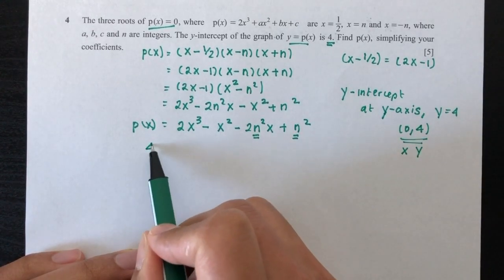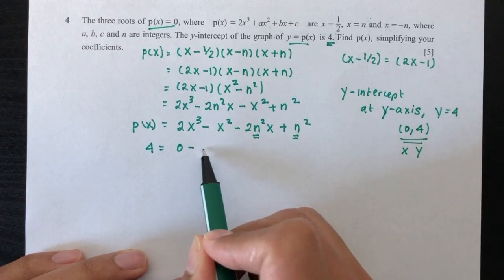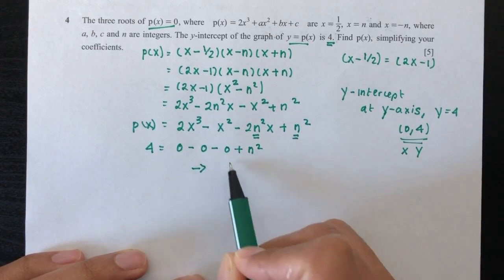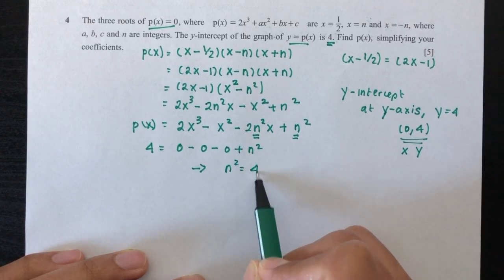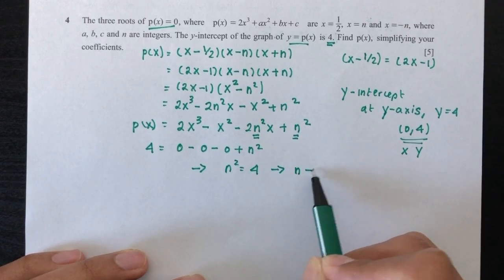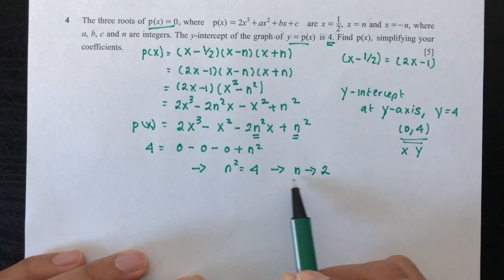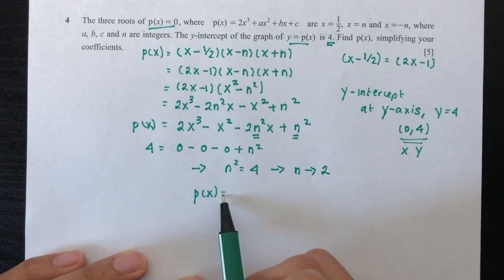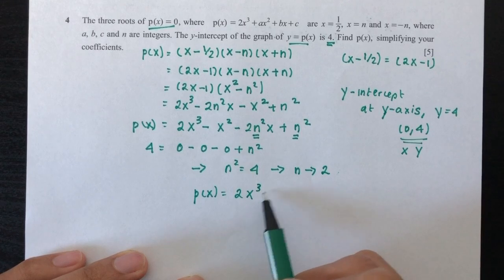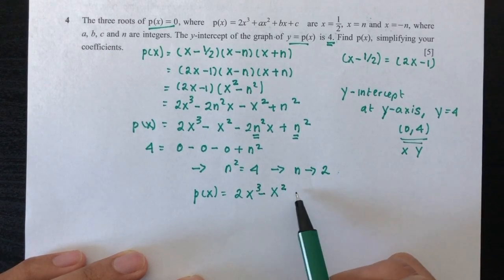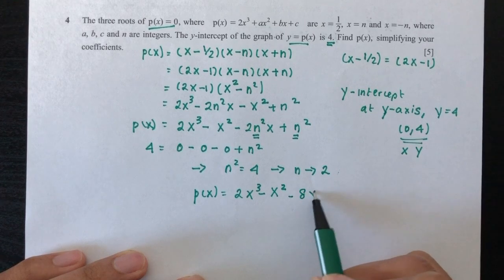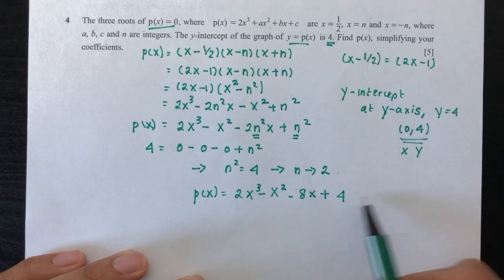Replace x with 0, you will have 4 here, and the rest will become 0, plus n squared. From this we have n squared is equal to 4, so n will be equal to 2. Since we know the value of n, we can replace here, so p of x will be 2x cubed minus x squared. 2 squared will be 4, so minus 8x plus 4.